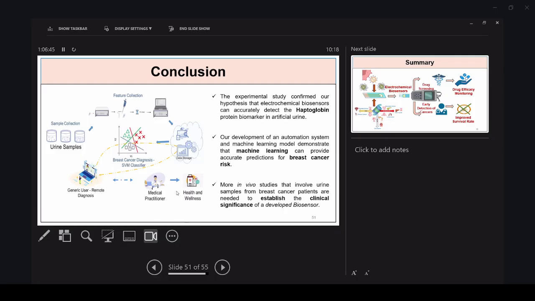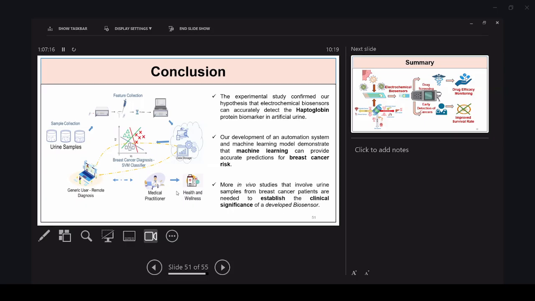However, we have 5 different biomarkers for urine samples for breast cancer prediction. That is our next study, and we have almost completed it. We are doing it for breast cancer, pancreatic cancer, and oral cancer, for different types of cancers using different biomarkers and this electrochemical method.